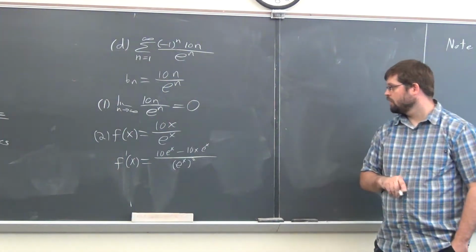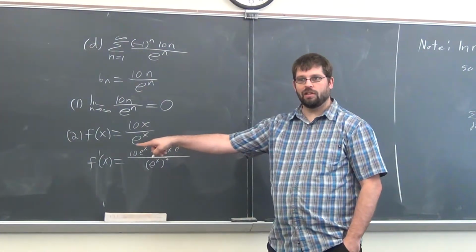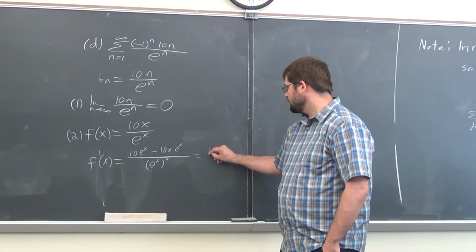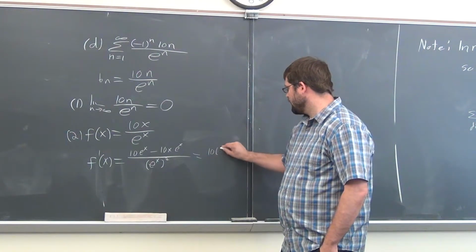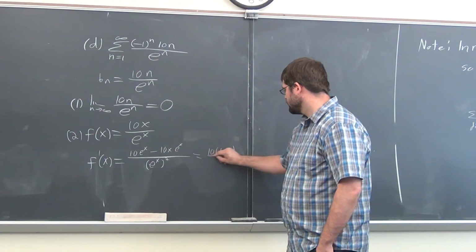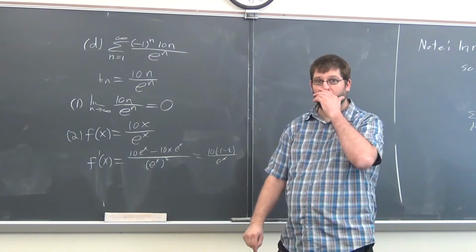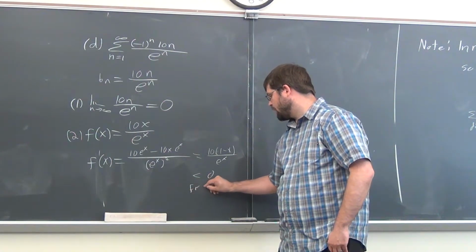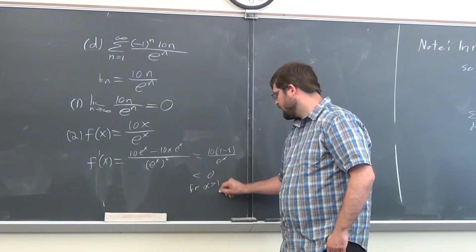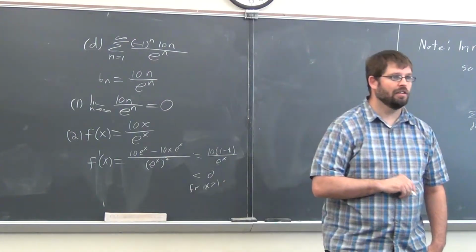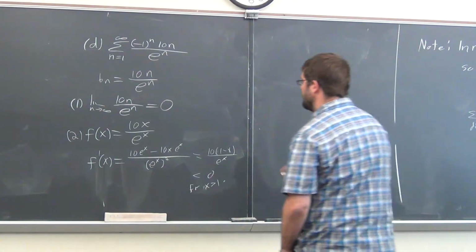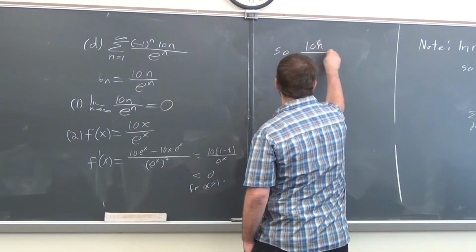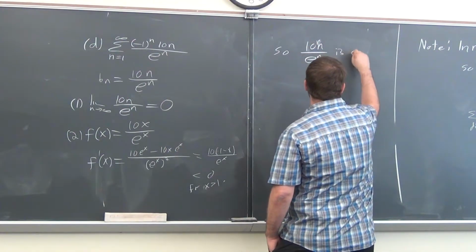Quotient rule. Same thing as before, you can pull out the e to the x, cancel it, and you end up with 10 times 1 minus x over e to the x. And the point is that's less than 0 for x greater than 1, right? And so your thing is decreasing. And so 10 times n over e to the n is decreasing.